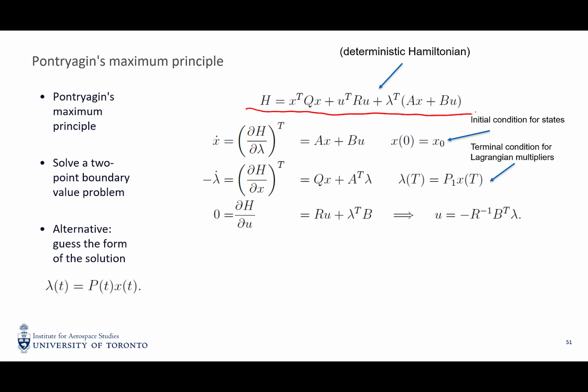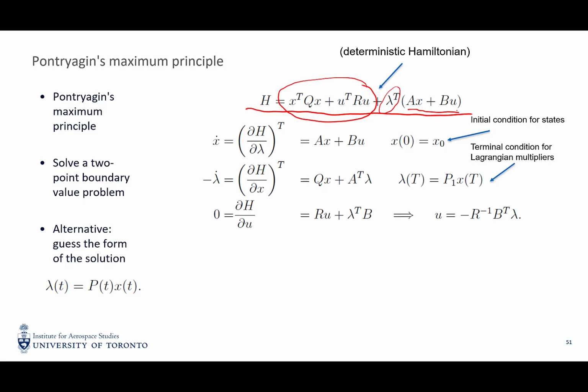It's a summation of your cost during the flight with a Lagrangian multiplier and your system state. So it's a constraint. It's a very typical constrained optimization where you have an objective plus the Lagrangian multiplier times your dynamic constraint.